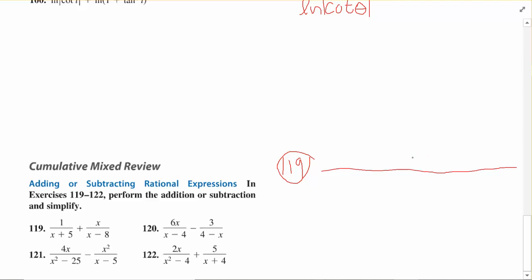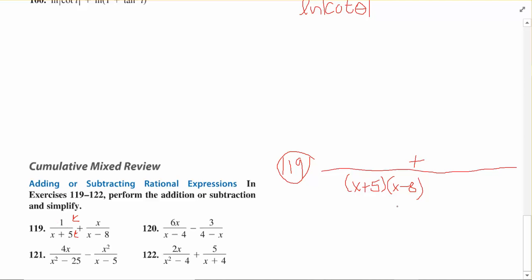Now I'm just going to write it as one big fat fraction. And the big fat fraction has a denominator of x plus 5 times x minus 8, which means this one has to be multiplied by x minus 8 on the top and the bottom.